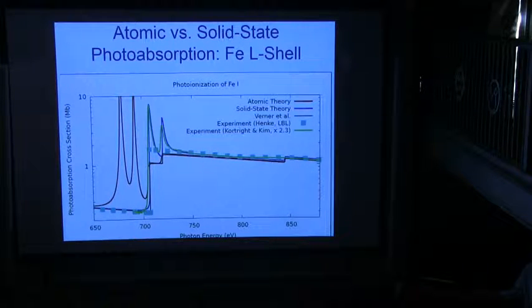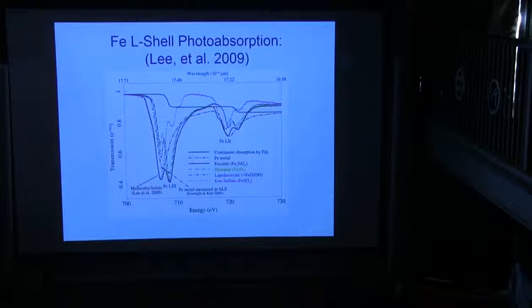That was a point I didn't make on the previous oxygen molecular absorption: by putting them all on the same graph, we're able to adjust energies and absolute scales to get a consistent picture between them all. And I wanted to point out, this is work done here at Harvard, I believe, by Julia Lee, looking at absorption in various forms of solid iron, and some quantitative differences between the absorption there.